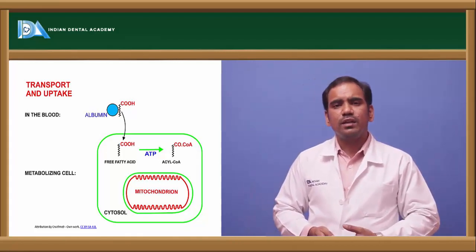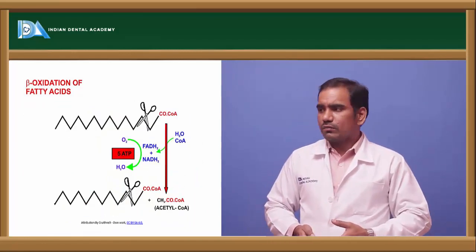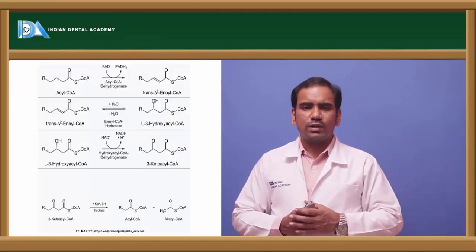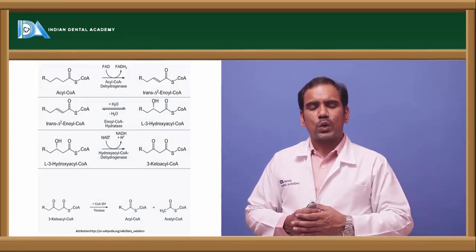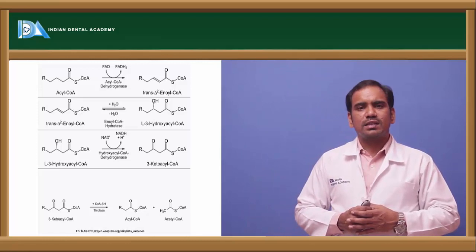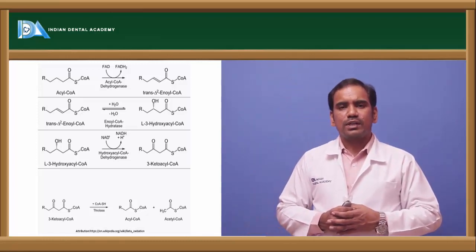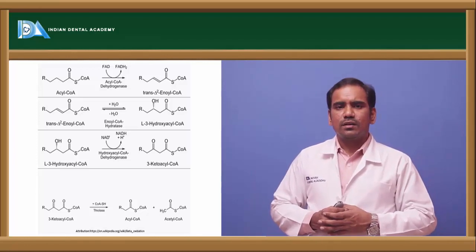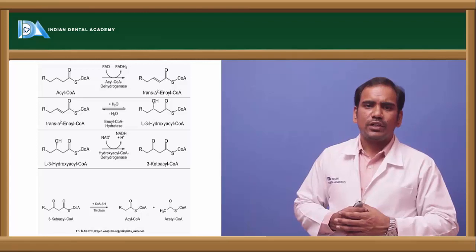Now what happens in the mitochondria? We'll see. Acyl-CoA has entered the mitochondria, where it undergoes oxidation catalyzed by the enzyme acyl-CoA dehydrogenase. Acyl-CoA dehydrogenase catalyzes the first oxidation step in beta oxidation.